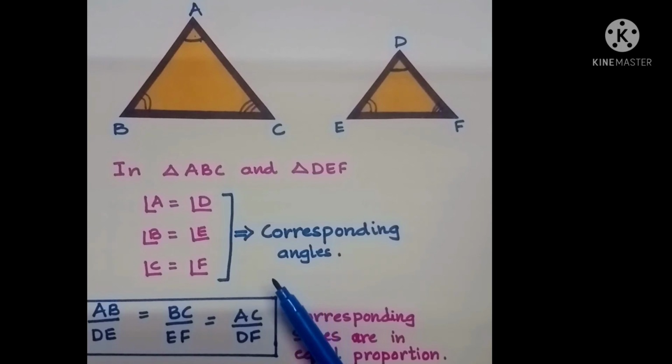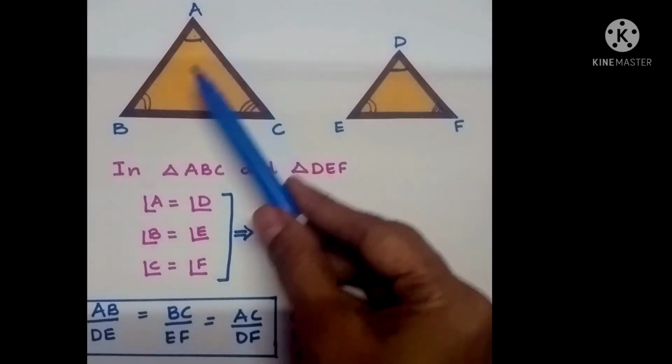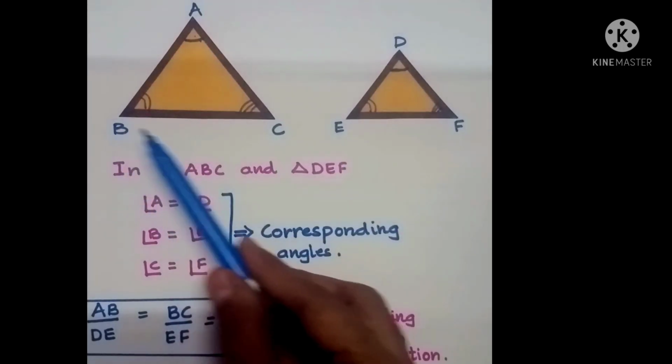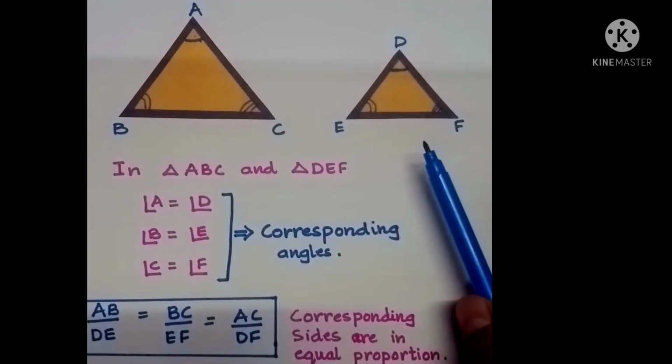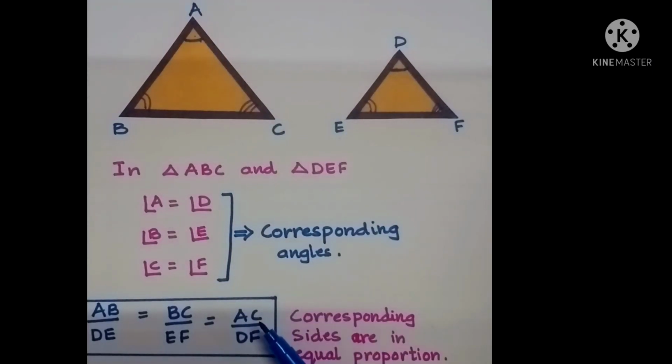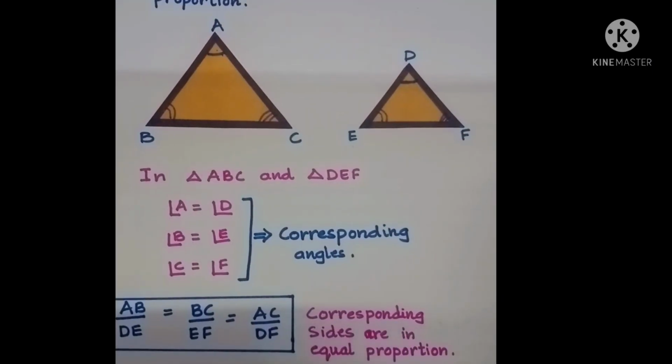Now we look at the corresponding sides. AB by DE is equal to BC by EF, which is equal to AC by DF. So we say that corresponding sides are in equal proportion. We have already seen the meaning of equal proportion.